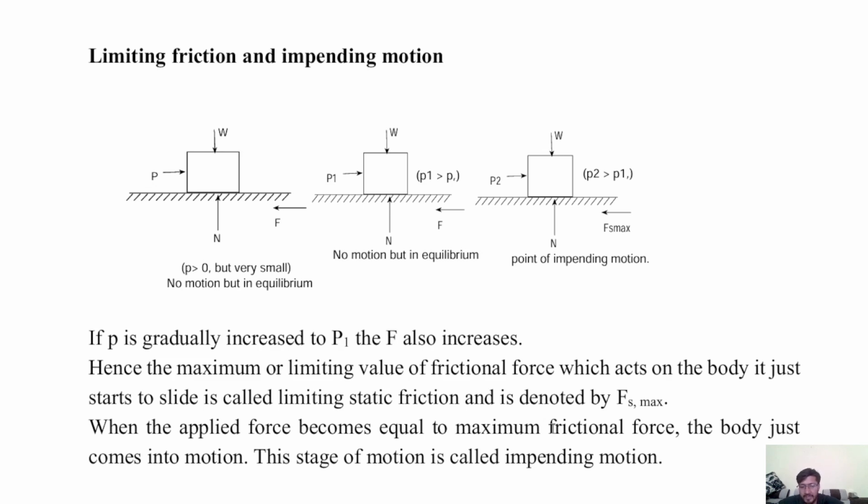When the applied force becomes equal to maximum frictional force, the body just comes into motion. This stage of motion is called impending motion. At the impending motion condition, the friction force is maximum, and this maximum frictional force is called limiting static friction.